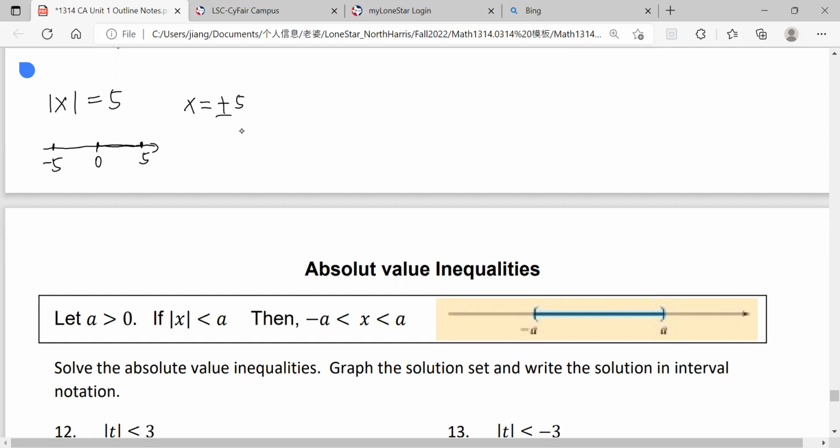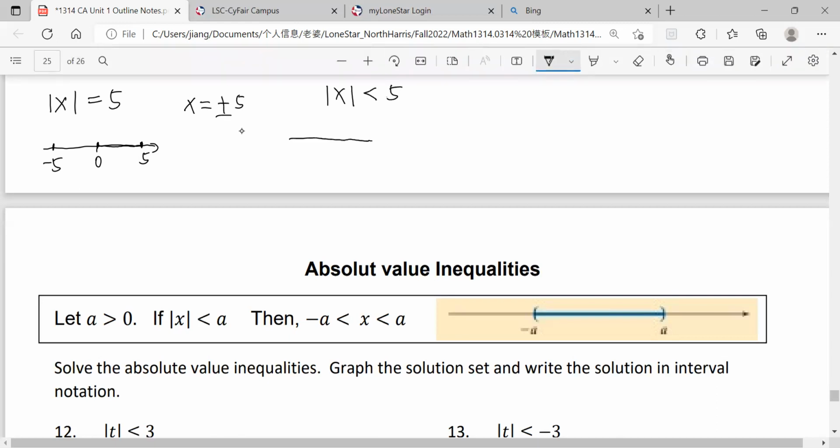If I have the absolute value of x less than 5, I still draw the same number line here, 0, here's 5, here's -5. That means the absolute value of x, the distance from a point to 0, is less than 5. That means I can choose a point here, here, here.